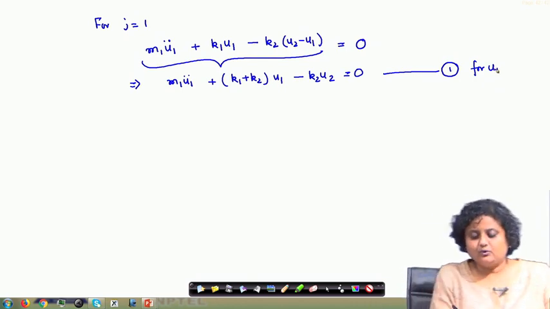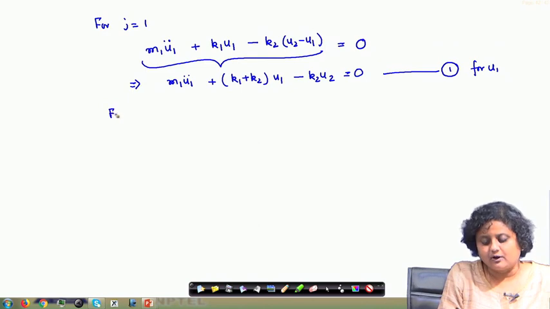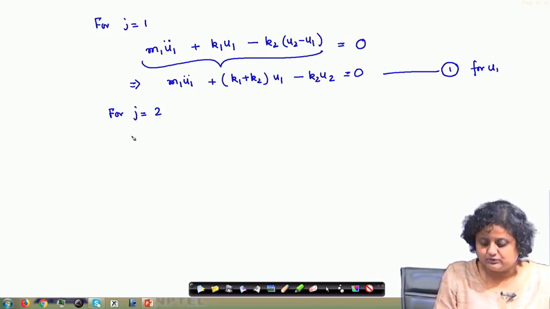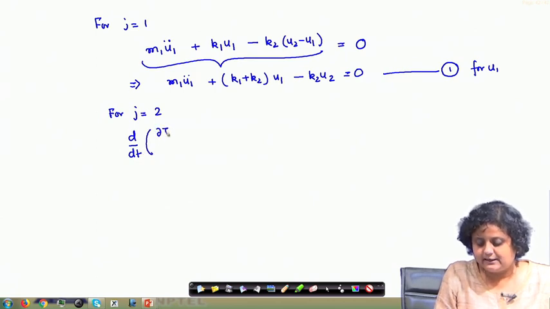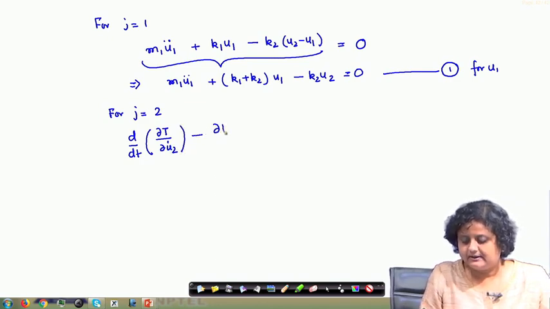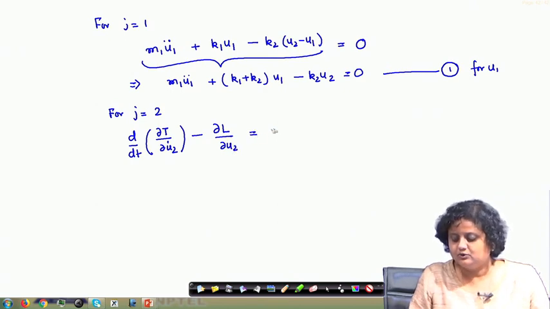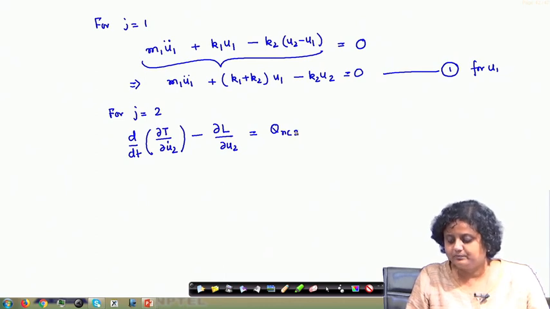Now, let us look at what is going to happen for j equals 2. For j equals 2, the left hand side is going to be d dt of del T by del u2 dot minus del L by del u2 is equal to Q non-conservative in 2.